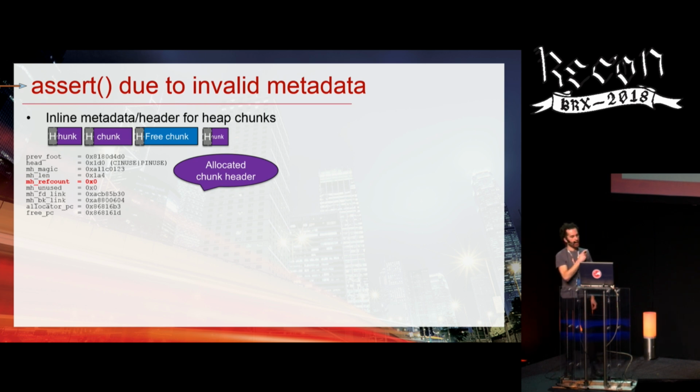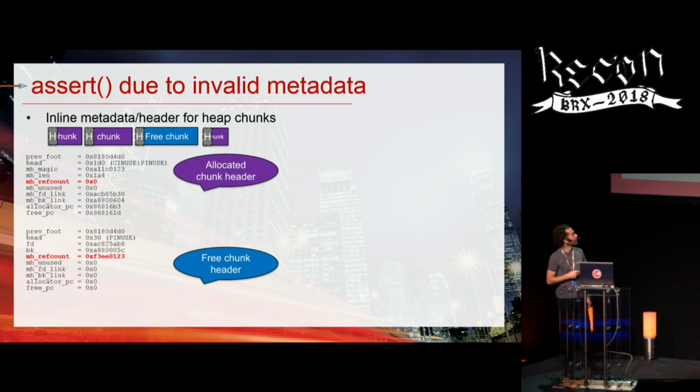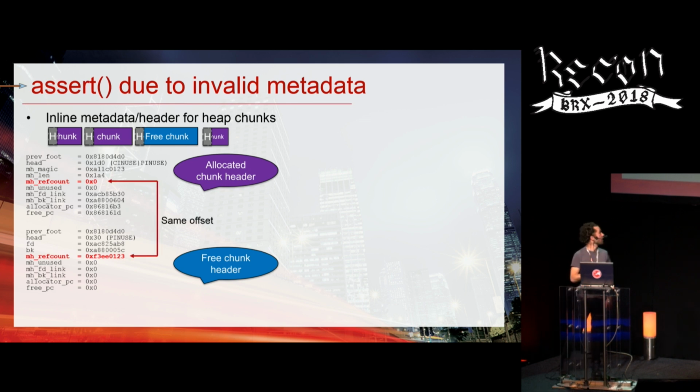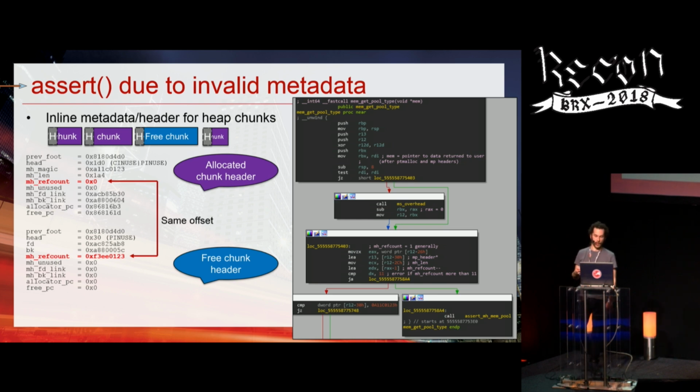But anyway, here we have an allocated chunk and a free chunk, which have different fields. The interesting thing is the ref count for the allocated chunk is at the same offset as a free magic. When you free a chunk, it's going to check that the ref count is less than 11.